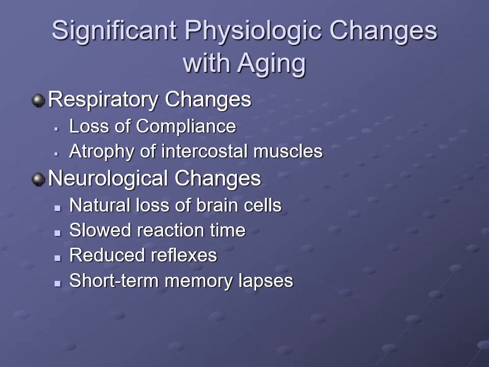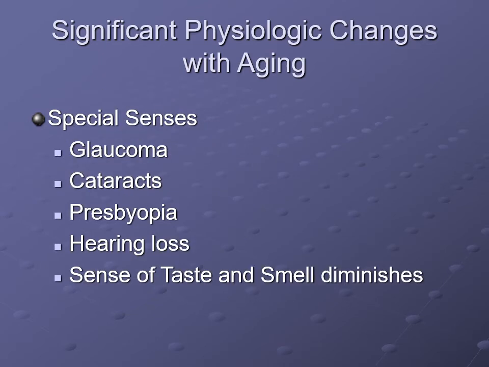Slowed reaction time, reduced reflexes, short-term memory lapses, and then special senses, glaucoma due to increased intraocular pressure, cataracts, which is a problem with the lens, where the lens is not as transparent, and lens replacements are pretty common now.